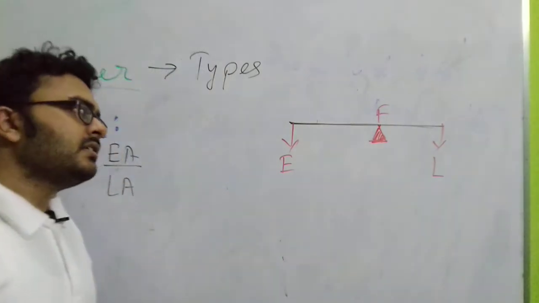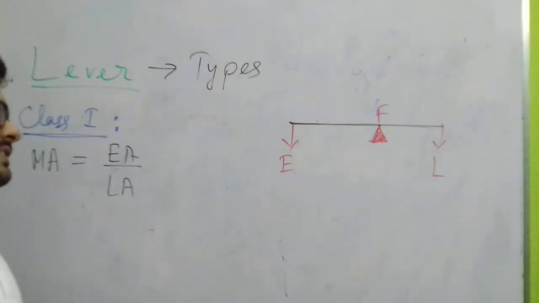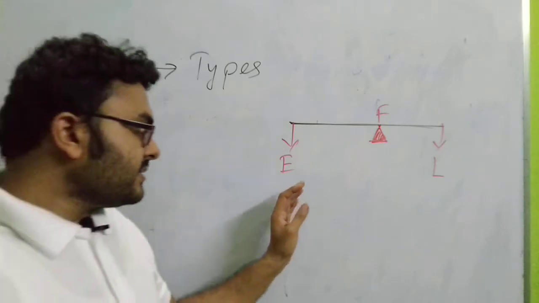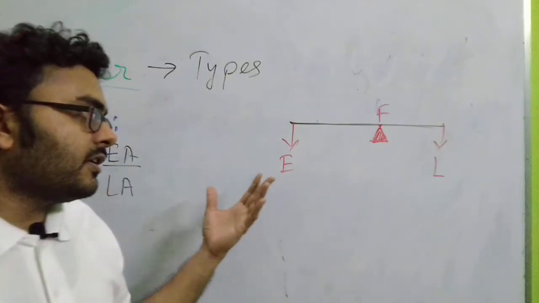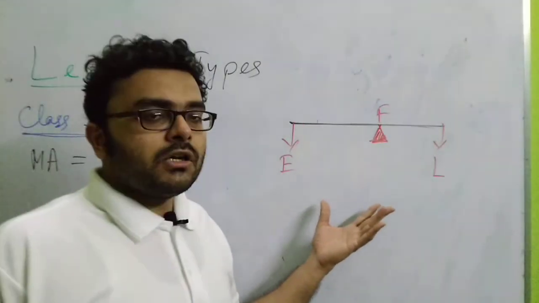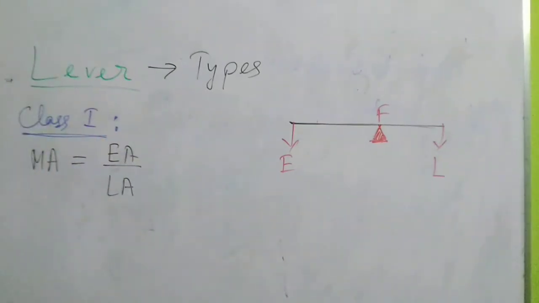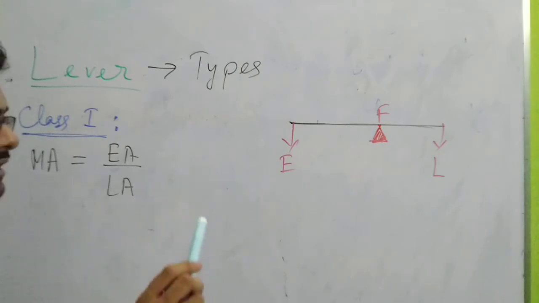Can you answer? You will say that we need to know the length of the effort arm and the load arm. Seeing from the figure, you can say that the effort arm can be either longer, shorter or equal to the load arm. So class 1 lever can act as both force multiplier as well as speed multiplier, or none of those also.